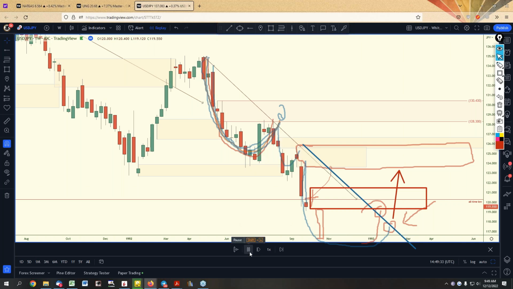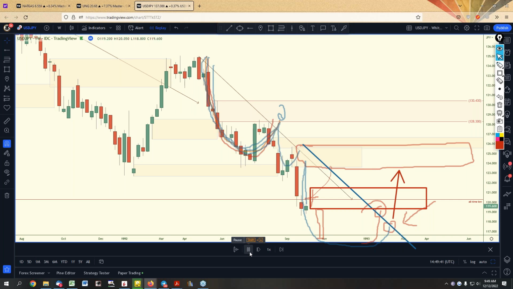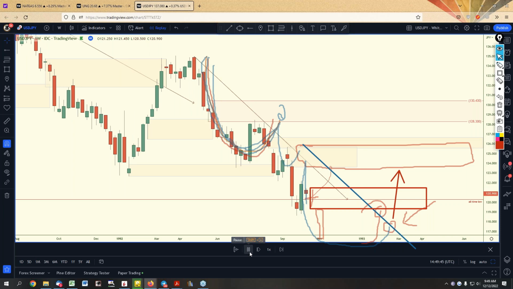So now we play out what ends up happening. Creates a base. Okay. Beautiful. Oh, rallying back. Oh, look at that. Look at that. You see how it created a base and all of a sudden, did it create a momentum candle to the downside after that base?